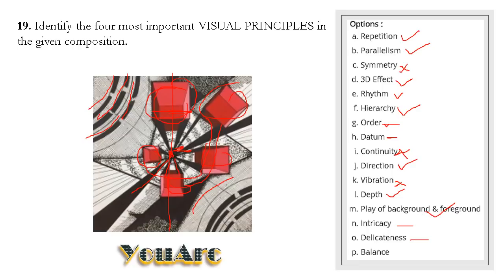Delicateness, no. Balance, yeah, it has some balance. It's symmetrical balance. So according to me, I'll give repetition, parallelism, 3D effect, rhythm, hierarchy, direction, and balance. So out of this, definitely the answer will come.